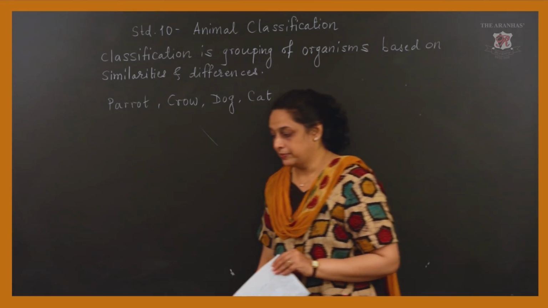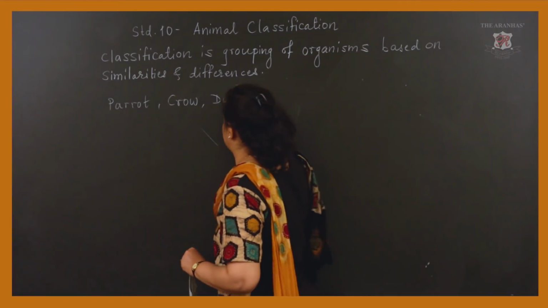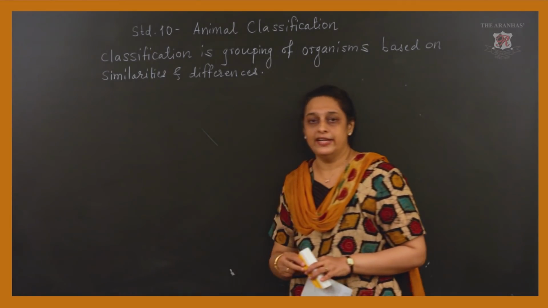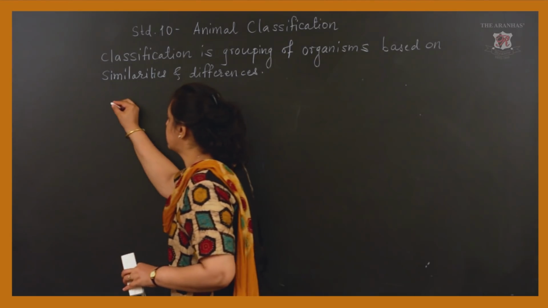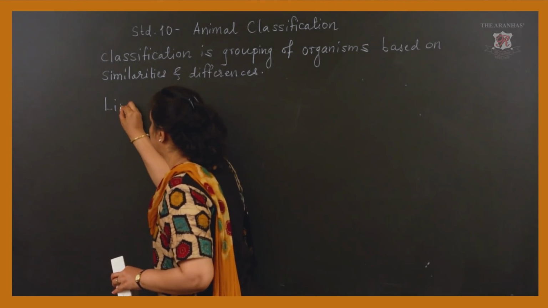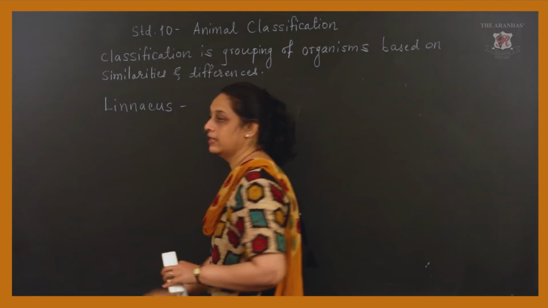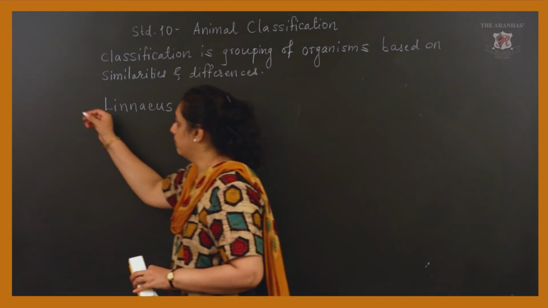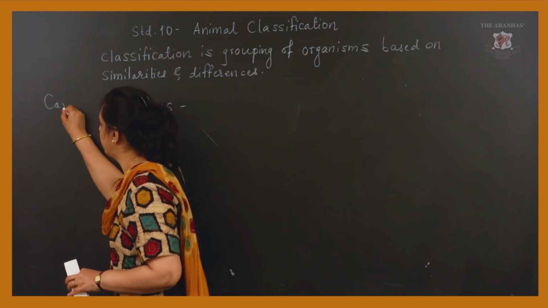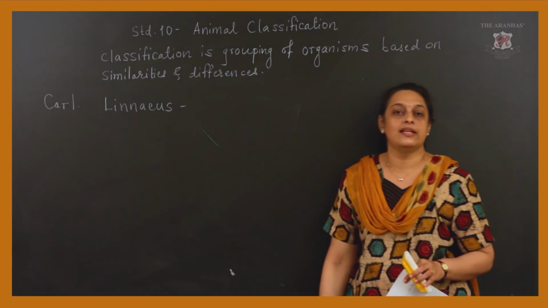Now students, earlier in the previous standards, you have studied two classification systems. The old system is the Linnaeus system. The system was proposed by Linnaeus, or maybe in your textbooks you must have read the name Carl Linnaeus or Carolus Linnaeus.